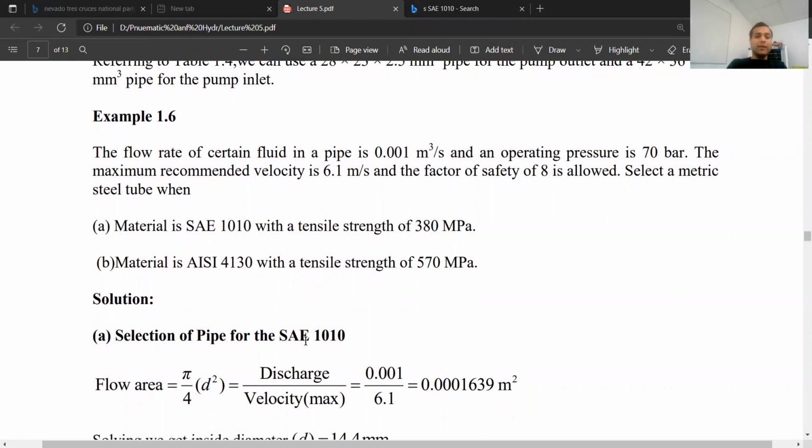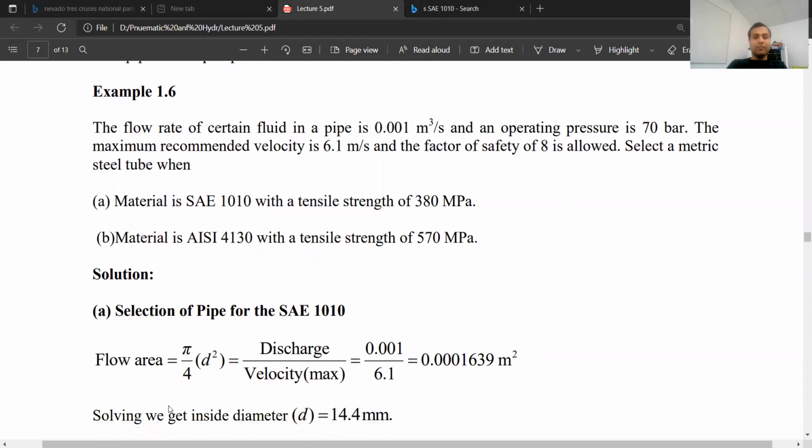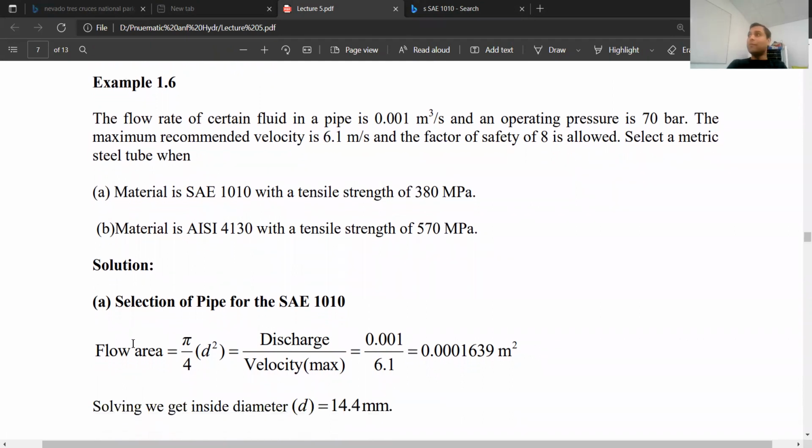Now, first thing we need to find out, we need to use the continuity equation. Discharge equals area times velocity. So we need to find the flow area. We find area is discharge over velocity, so we find the area.